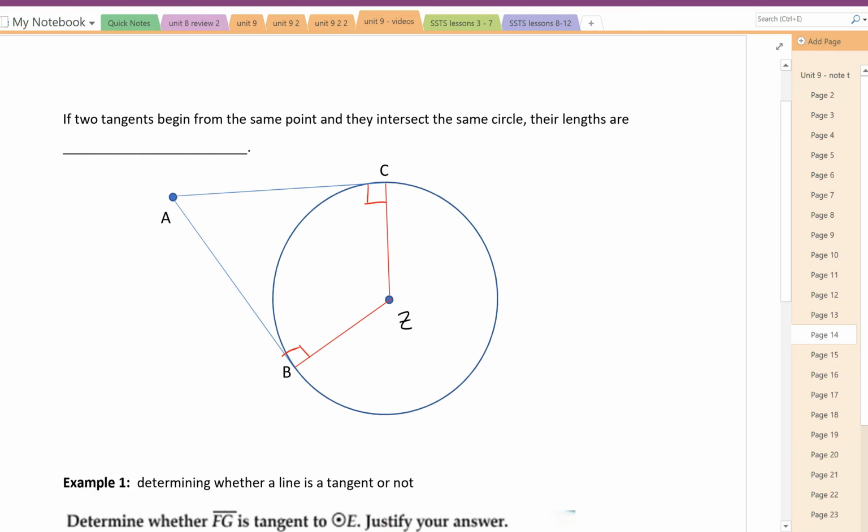Well, then that tells me that AC and AB are both tangents to circle Z. If two line segments starting from the same point, in this case A, are tangent to the same circle, those two segments have to be congruent.